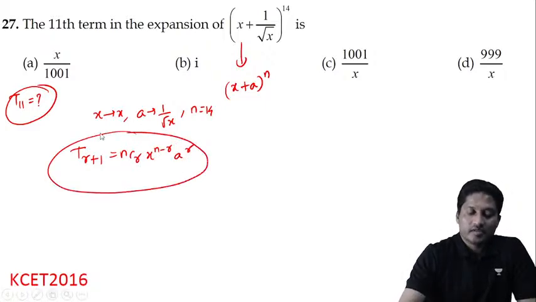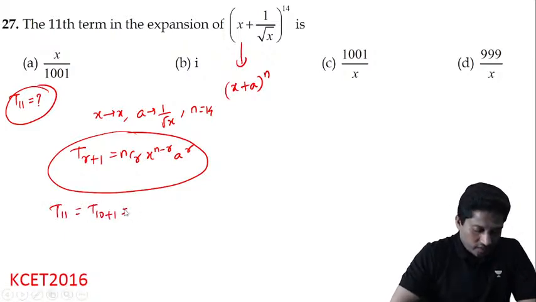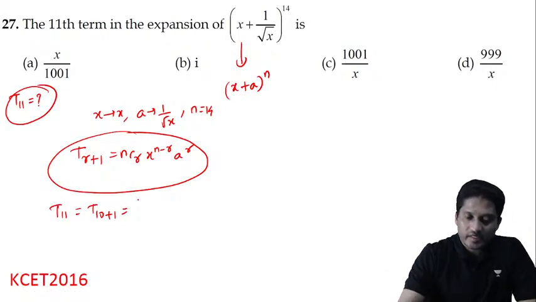The 11th term T11 is equal to T10 plus 1, which is equal to 14Cr x to the power of 14 minus r, a power r, with 1 by root x whole power 10.